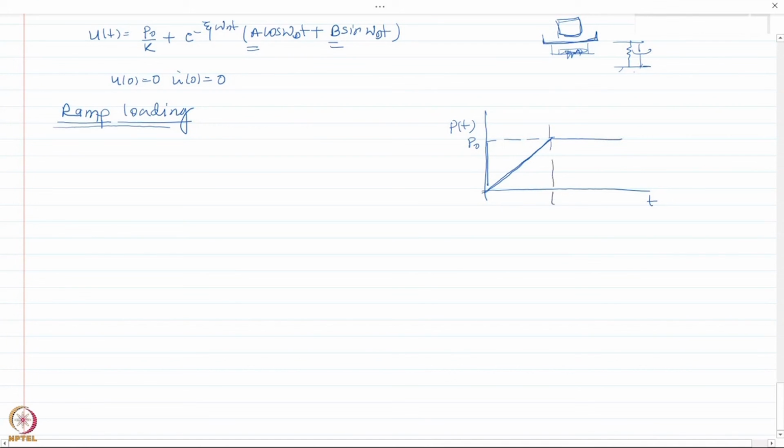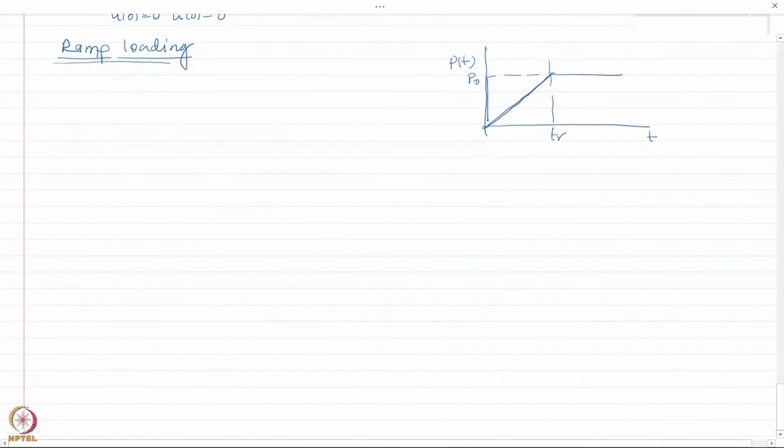Let us say this is defined as the rise time, t r, which is the time taken to reach the amplitude of the force in a ramp loading. Depending upon the value of t r, we will see later that our solution differs. If t r is very small, then it is almost like a step force. If t r is very large, then it is like a constantly, linearly increasing function.